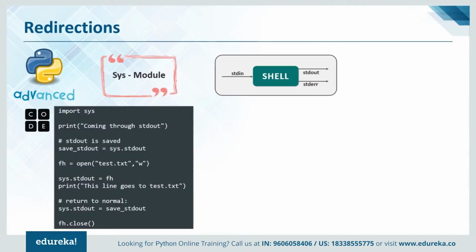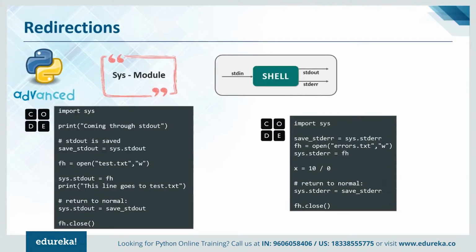After this, we open a file called test.txt for writing. After the statement sys.stdout equal to fh, all of the print statements will directly print into this particular file. What's the file? Test.txt. The original condition is restored with sys.stdout equal to save_stdout. So guys, your fh is actually a file handle. Pretty simple, right?